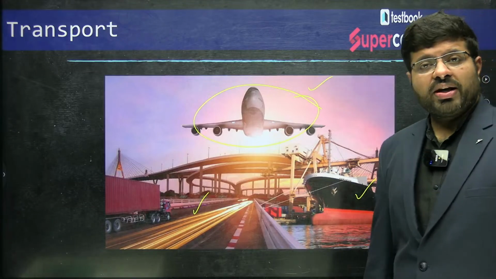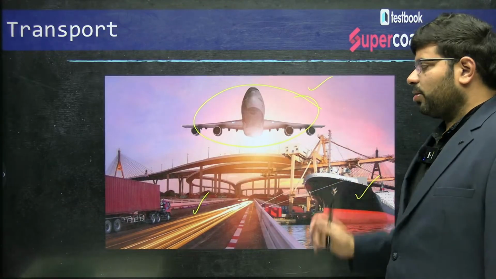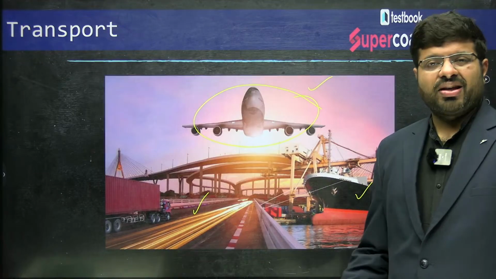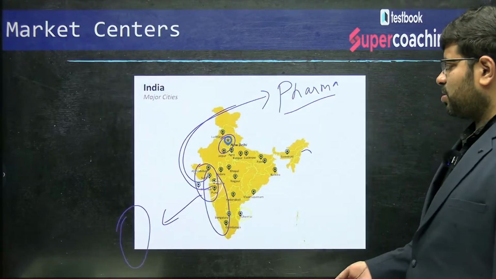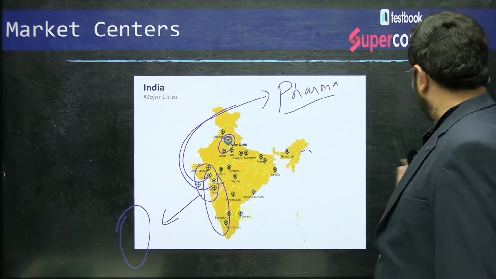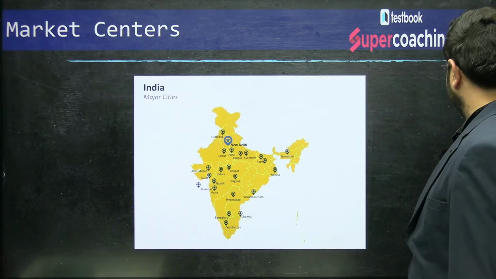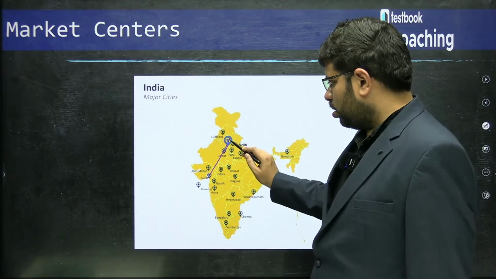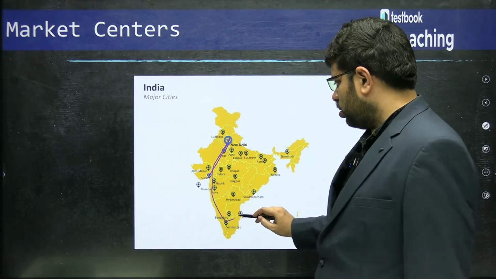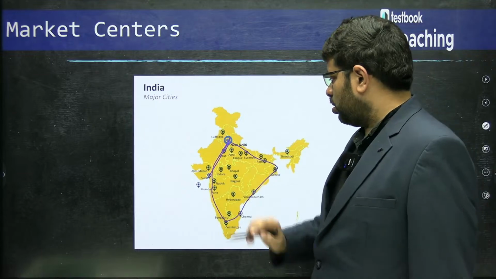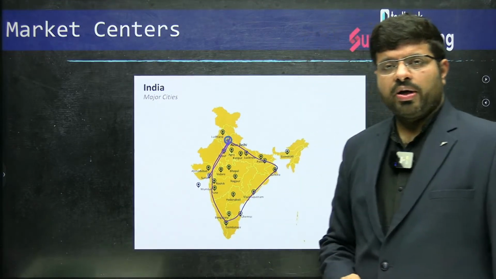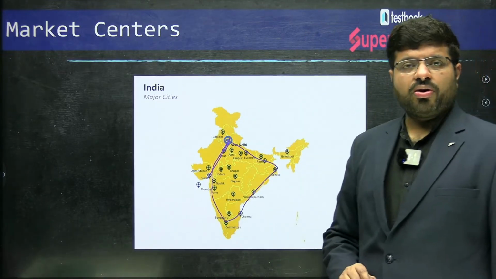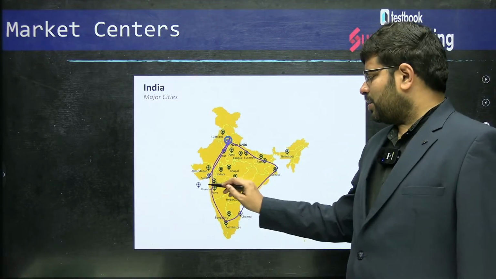So, the location of an industry is dependent on connectivity, transport. 4-lane highways, for example, connect the market centers to all corners. If you see the Golden Quadrilateral route, right. So, if you are having proper connectivity of roads, railway lines, easy transportation vehicles.